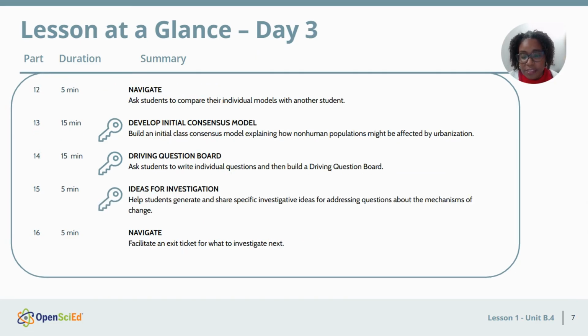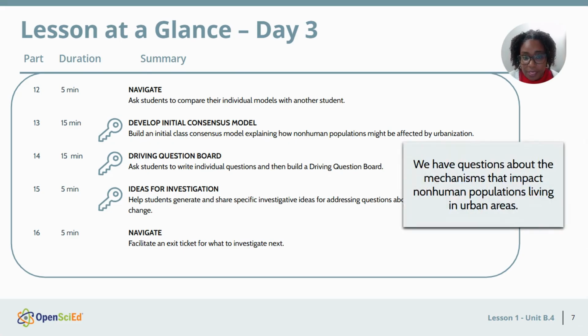And then the third sense making loop takes place on day 3. This is where our students bring their ideas together by building a class consensus model and generating questions to guide future investigation. And they figure out that we still have a lot of questions about the mechanisms that impact non human populations living in urban areas.